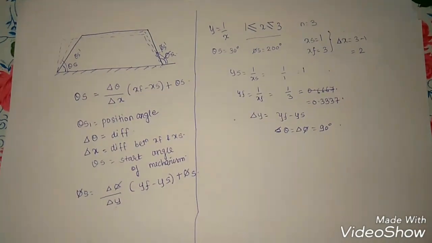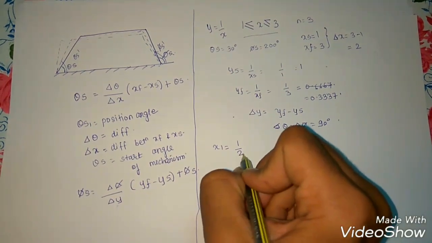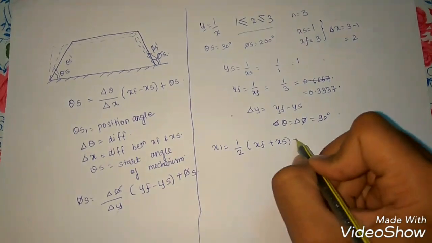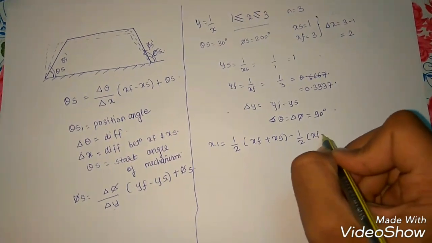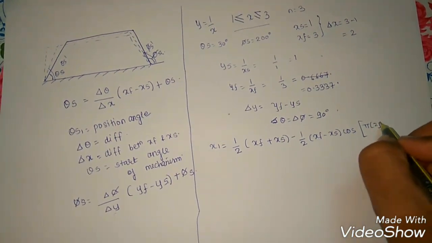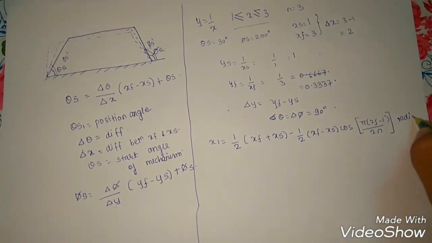So let's start with the Chebyshev spacing formula for the first point: 1 upon 2, the finish position plus the start position, minus 1 upon 2, xf minus xs, cos of pi (2j minus 1) upon 2n, in the radian mode.